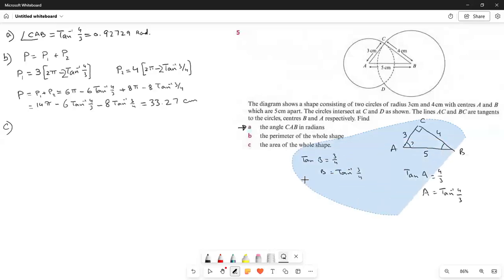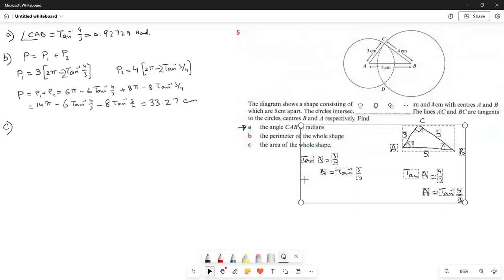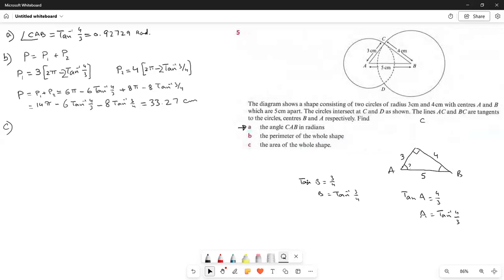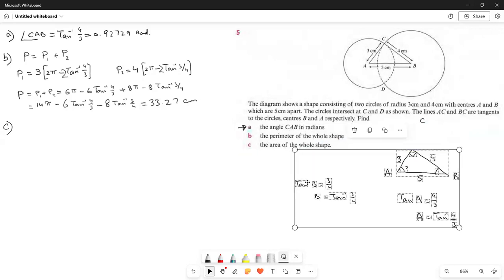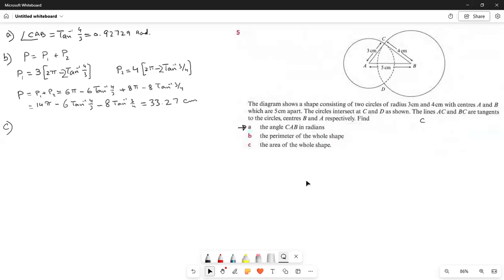There might be some other, simpler way. I could not find the simpler way. So area calculation in this particular case is a bit difficult, a bit complicated.